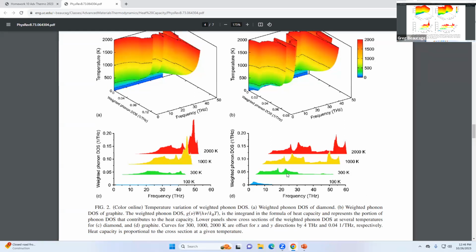With graphite, this part is never excited, like the mountain range off to the east or whatever it is. The mountain range over to the west gets excited right away and then doesn't change much, and then boom, you get this thing. So that means that something happens with graphite when you get around 1,000 degrees Kelvin, that it changes from not as much as diamond to kind of more than diamond.